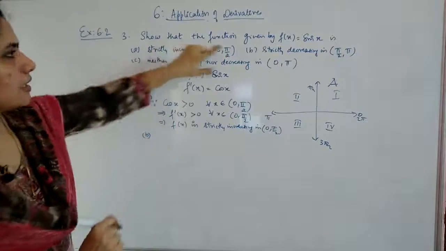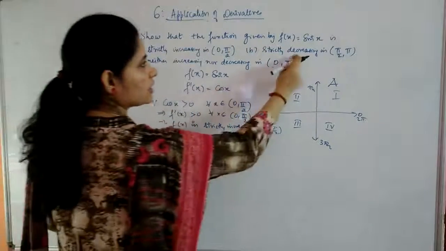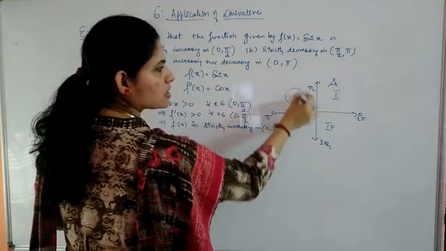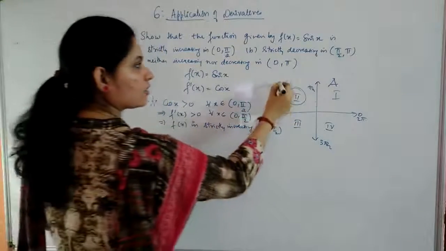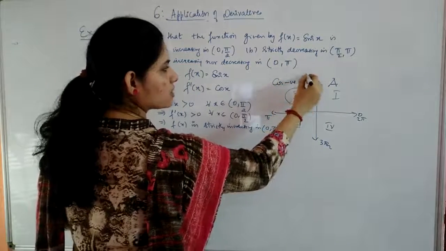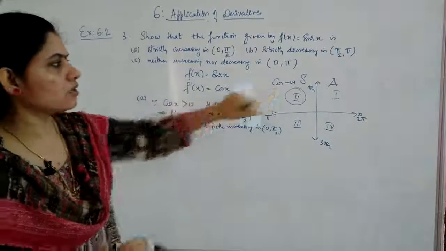Now for the second thing, you have to check whether the function is strictly decreasing or increasing in pi by 2 comma pi. Pi by 2 comma pi means it is in the second quadrant, and in the second quadrant cos is negative, right? Because of the rule all silver, sine and cosec are positive in the second quadrant, so you will get cos to be negative.